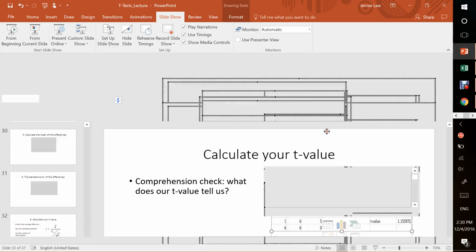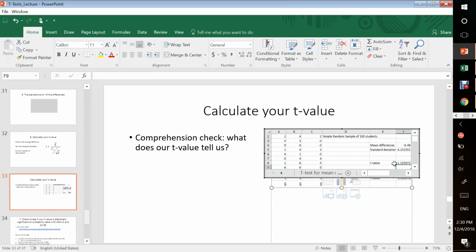If you just double-click right over here, we're going to calculate our t-value by taking the absolute value, just so that we're not getting negative numbers, of the mean differences, and that's our numerator, and we're going to divide that by the standard deviation divided by the square root of 100.